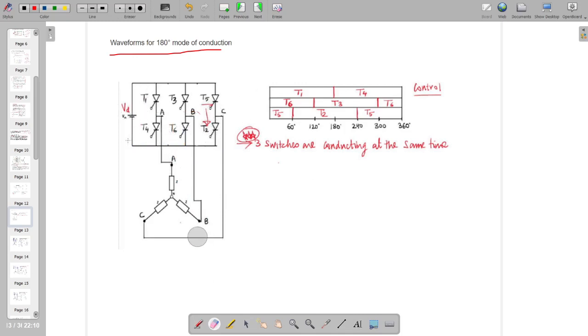So this is the arrangement of the circuit. The conduction control of the thyristors is given like this.